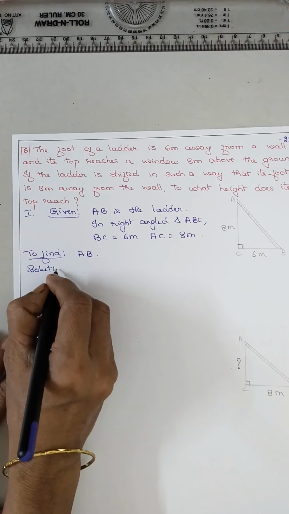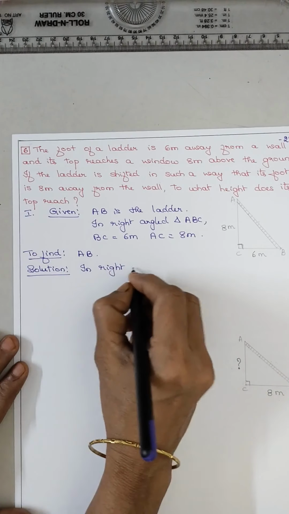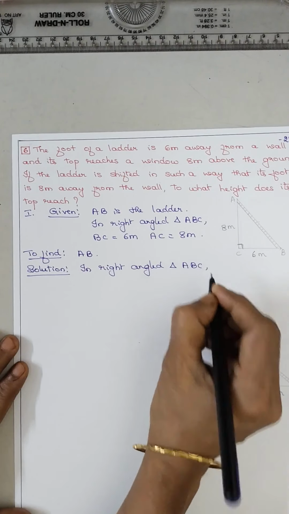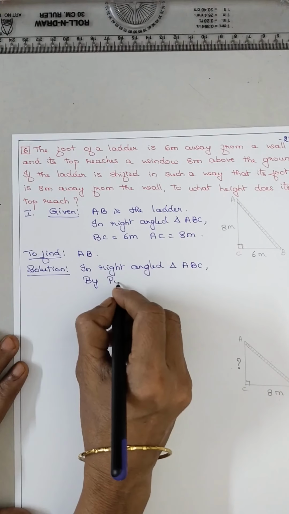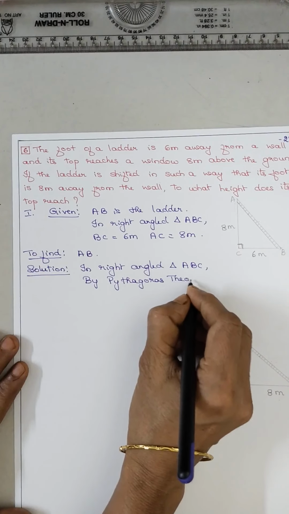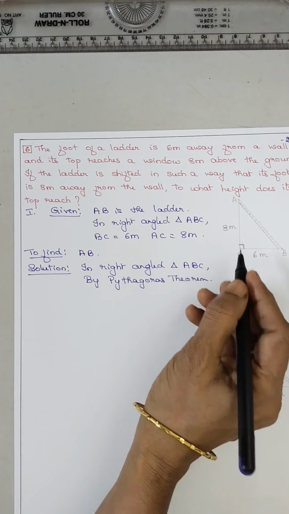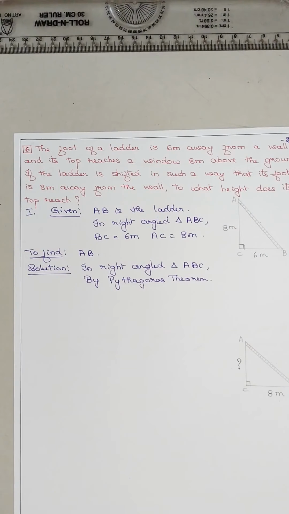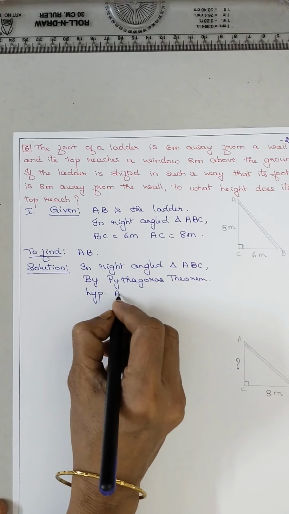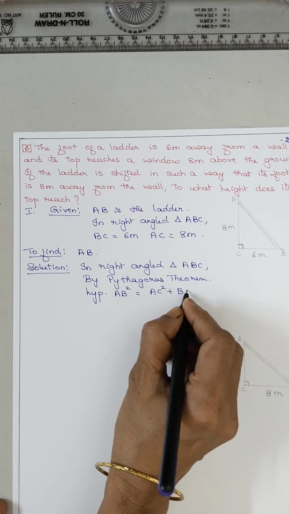Solution: in right angled triangle ABC by Pythagoras theorem, which is the hypotenuse? You know, between the wall and floor the right angle is formed. So ladder is the hypotenuse. Hypotenuse AB square is equal to AC square plus BC square.